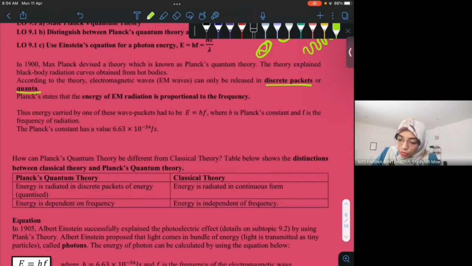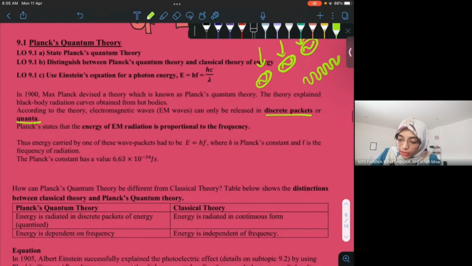Okay, therefore conclusion yang Planck buat, energy of EM radiation is proportional to the frequency. So energy from each of these packet here is directly proportional to the frequency based on his theory.